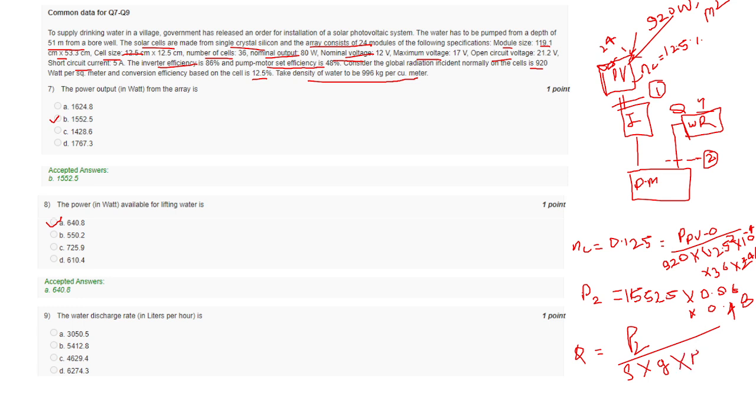You will put all these values and get the discharge rate in meter cube per second. It is asked in liter per hour, so multiply by 1000 and 3600. Your answer will be 4629.4.